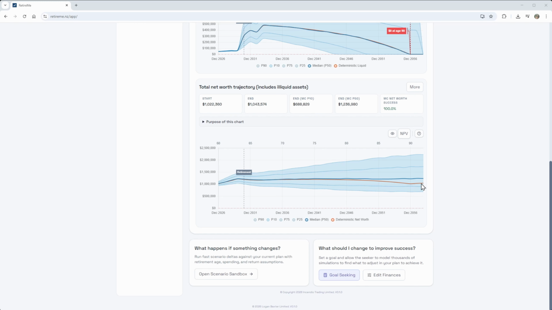This is what we've predicted is going to happen based on the returns that you have selected. Typically the median is very close to it, because on average things will be better half the time and worse half of the time.